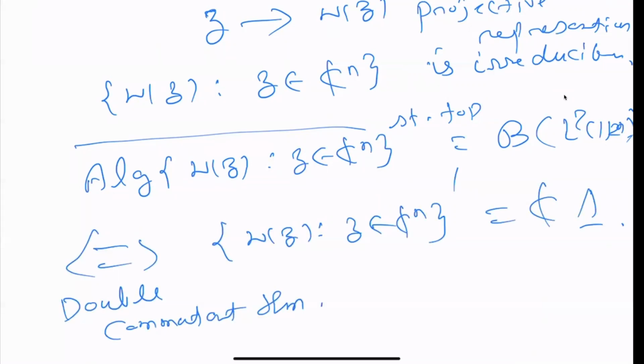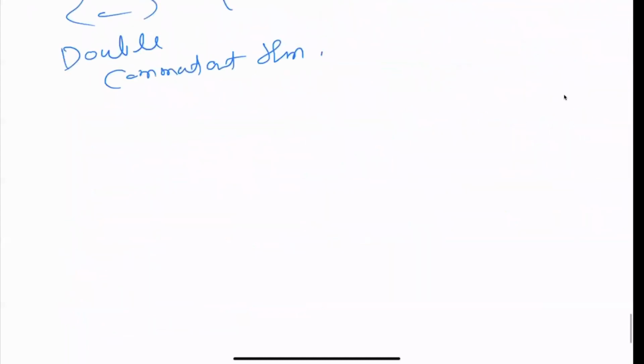Shall I tell you what the double commutant theorem is? It's needed. There is something called a von Neumann algebra. We have the strong topology. You have B of H, all bounded operators on H. Usually there is a norm topology, but norm topology is not useful most of the time.